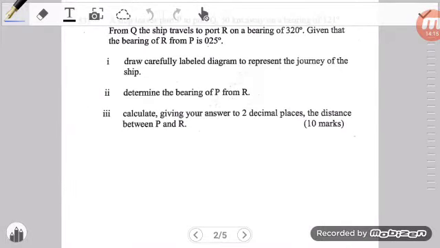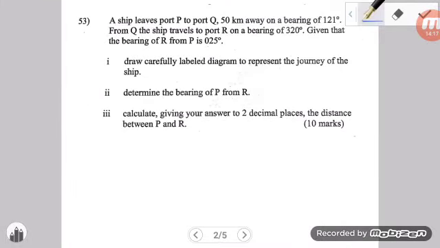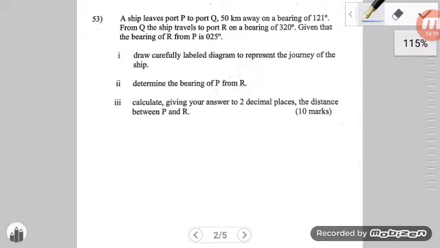A ship leaves port P and it travels to port Q, where port Q is 50 kilometers away, and it is on a bearing of 121 degrees.